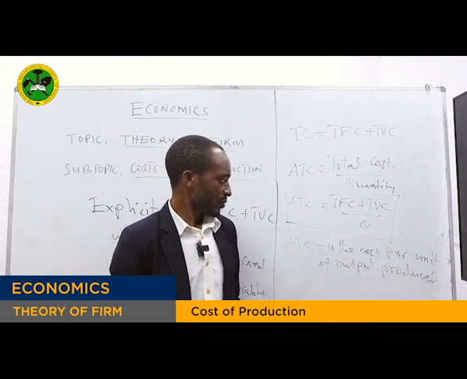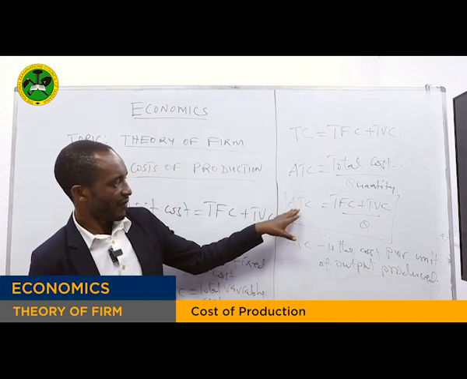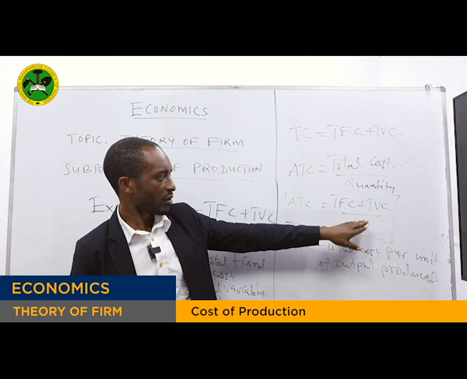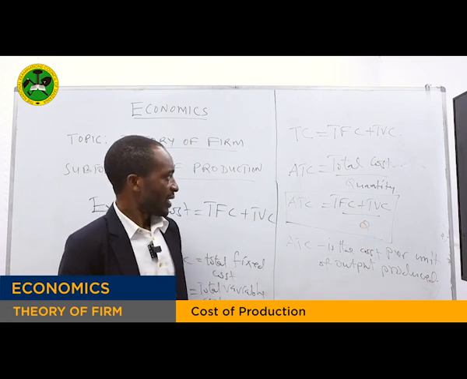So average total cost can be said to be the cost per unit of output produced. You can get this average total cost by taking the total cost divided by Q.